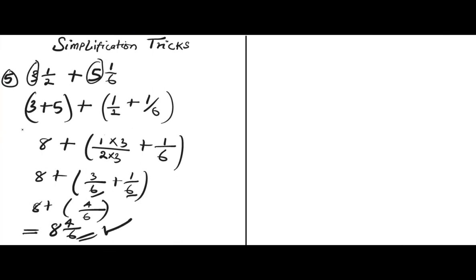So let's take example 6. Here we have 17 minus 5 and 2 over 9. In order for us to solve this, let's rewrite this.